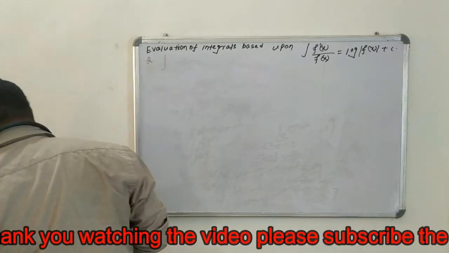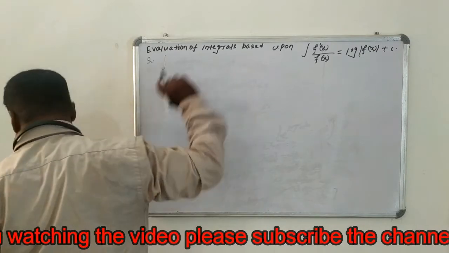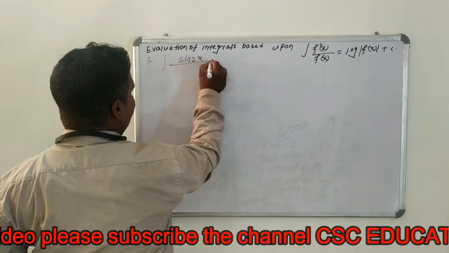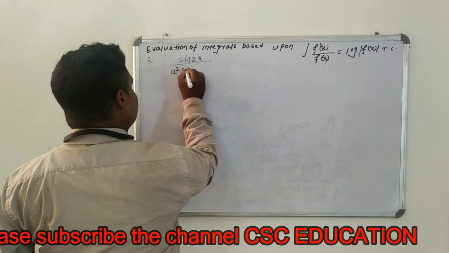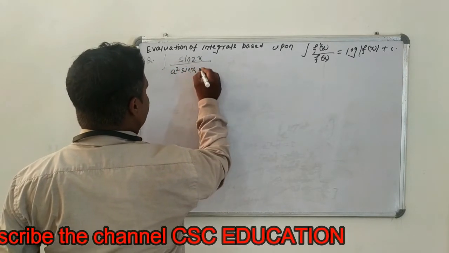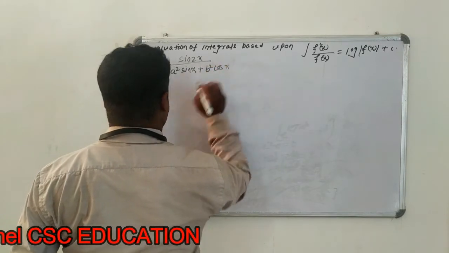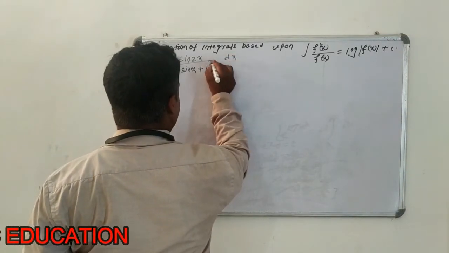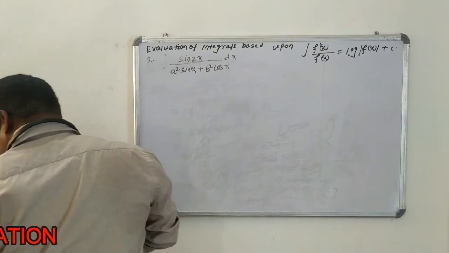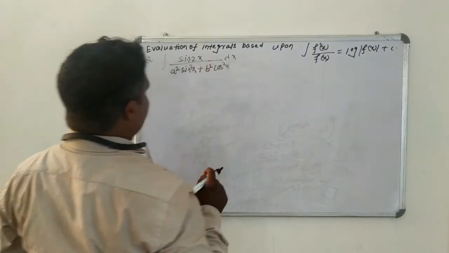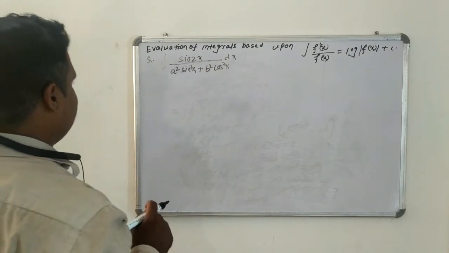integration of sin 2x divided by a square sin x plus b square cos x dx.